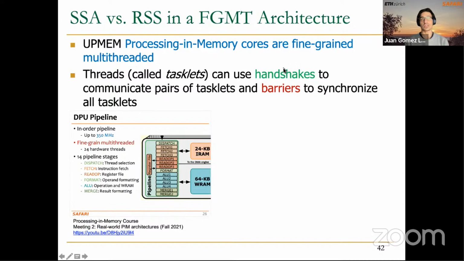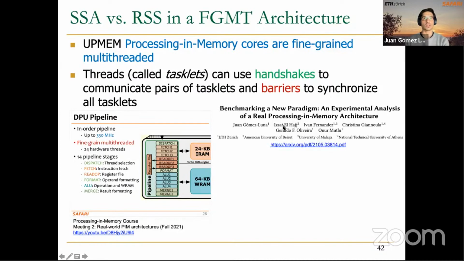And these handshakes, you can see them in some way similar to the warp shuffle operation inside the GPU core, because they communicate different threads that are running on the same core. And also we can use barriers in this architecture as well, similar to the sync threads, to synchronize all tasklets.